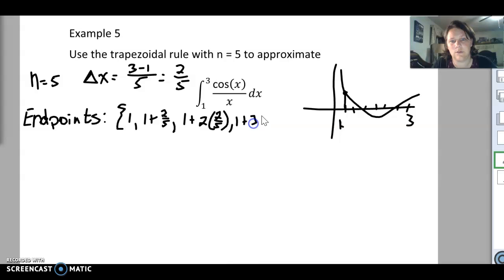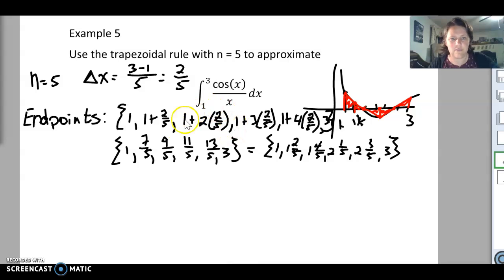So 1 plus 3 times 2/5, and then 1 plus 4 times 2/5. And then the next one is going to be 3, because the 5s are going to cancel, and then 1 plus 2 would be 3. So let's go ahead and end that there since we're out of room. Now all of those endpoints, I'm going to just pause and write those out.